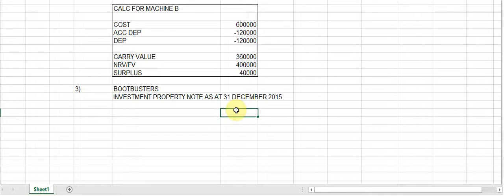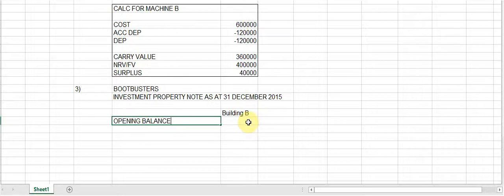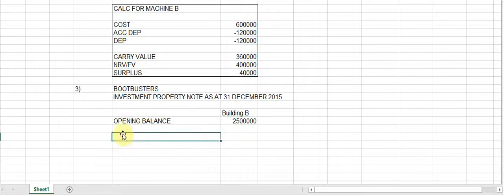The only asset that was investment property here was building B. So I'm just going to say building B. So we had an opening balance for it, and that should have been the cost price of 2.5 million.